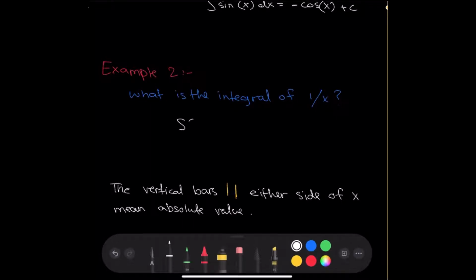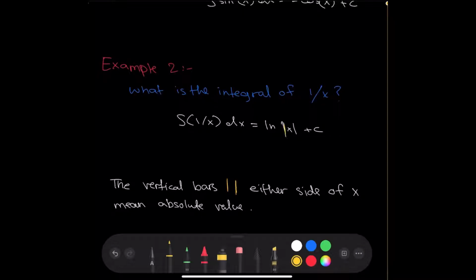The integral of 1 over x is equal to the natural logarithm of the absolute value of x plus c. The vertical bars that we see here on either side of x mean absolute value. We put them because we don't want to give negative values to the natural logarithm function.